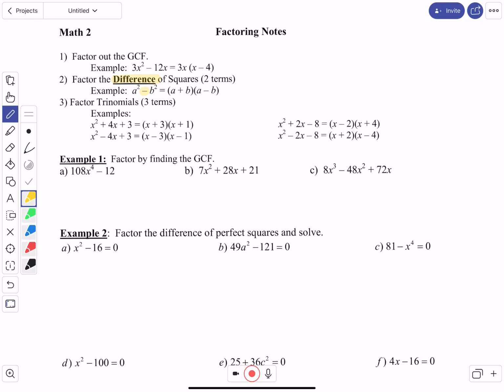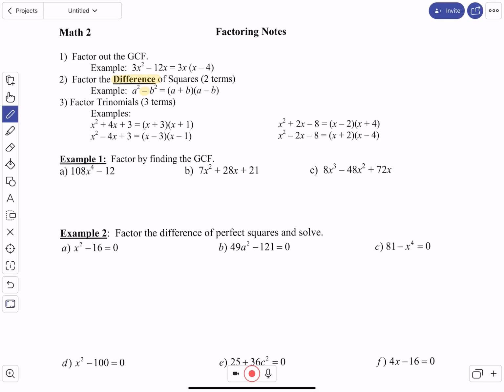So first, let's look at example 1 and pulling out a GCF. GCF stands for greatest common factor. What's a number or a variable, or both, that will go into all your terms? So on A, 108x to the 4th minus 12.